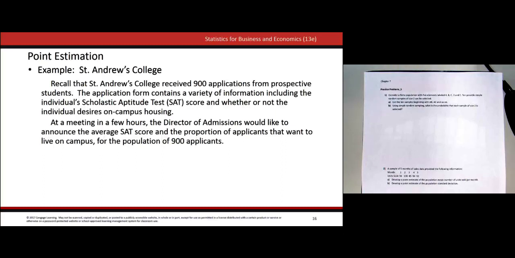So in a meeting in a few hours, the Director of Admissions would like to announce the average SAT score and the proportion of applicants that want to live on campus for a population of 900 applicants. 900, as we said, is not large for a population size. But now they have a meeting in a few hours and they have to announce the average SAT score and the proportion of applicants that want to live on campus for 900 applicants.